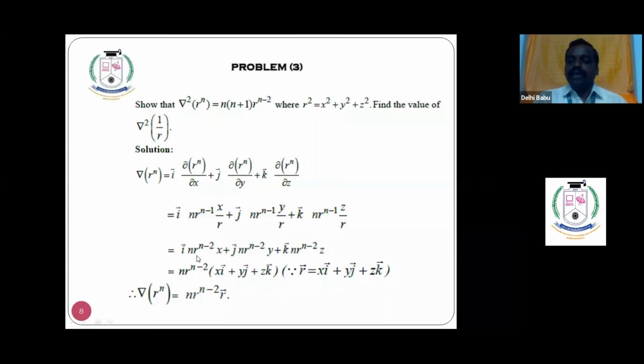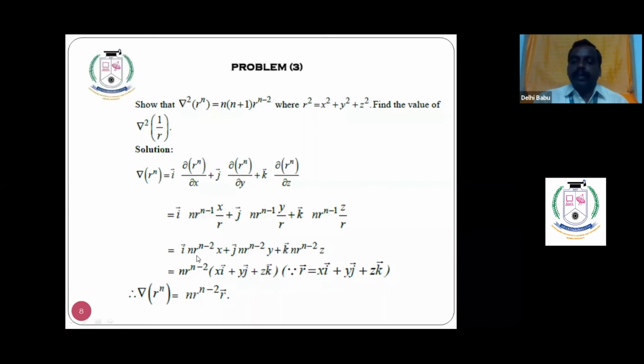What is r vector actually? xi plus yj plus zk. That means r vector. Hence your del r^n is nothing but n r^(n-2) into r vector. From this I will find del square r^n.